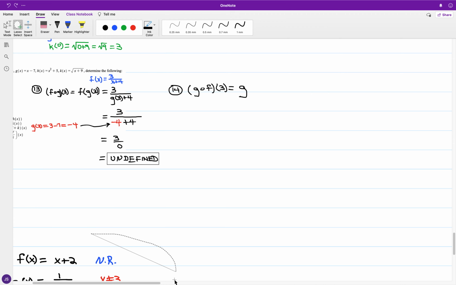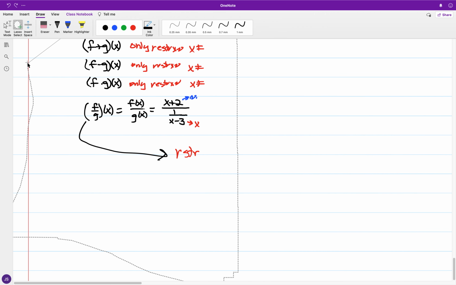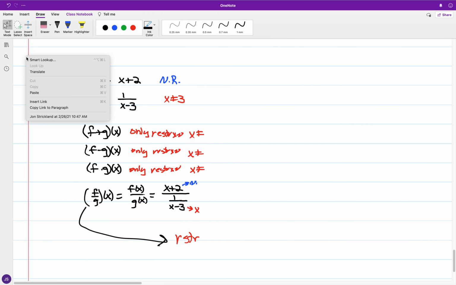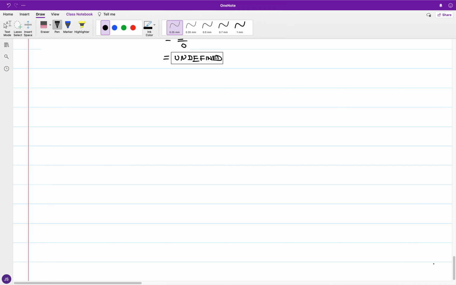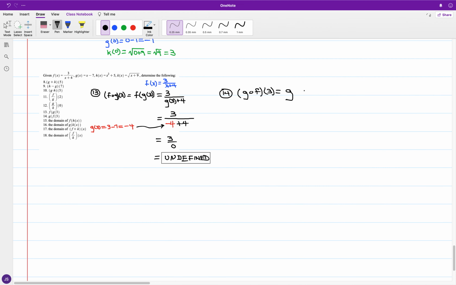I'm just going to clean up this other stuff too. So for g composed with f of 3, I have g of f of 3.